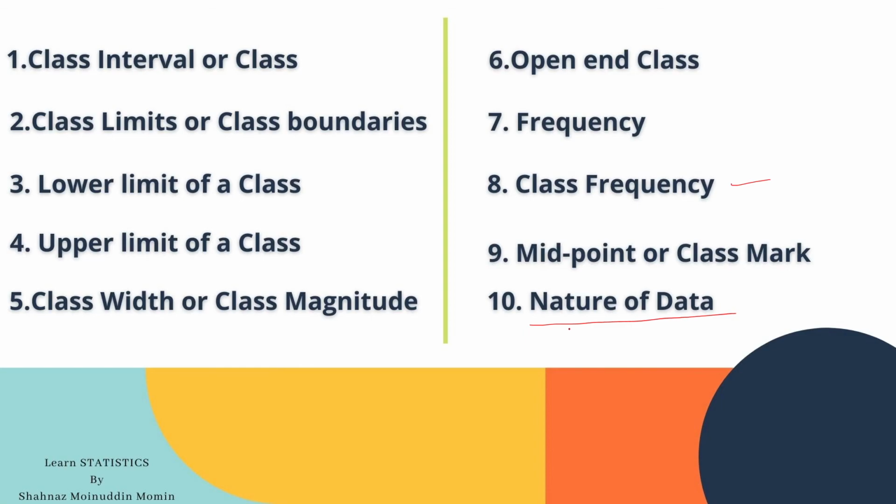In the nature of the data we have learned the three natures: individual data, discrete data and continuous data. All these are the basic terms of statistics.